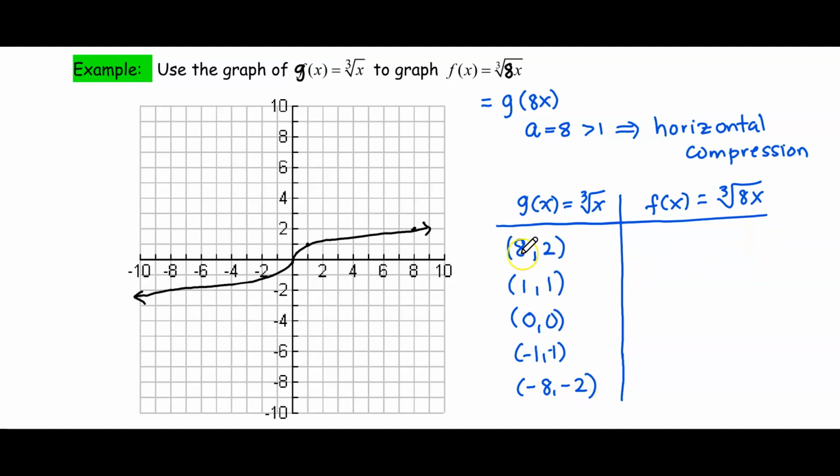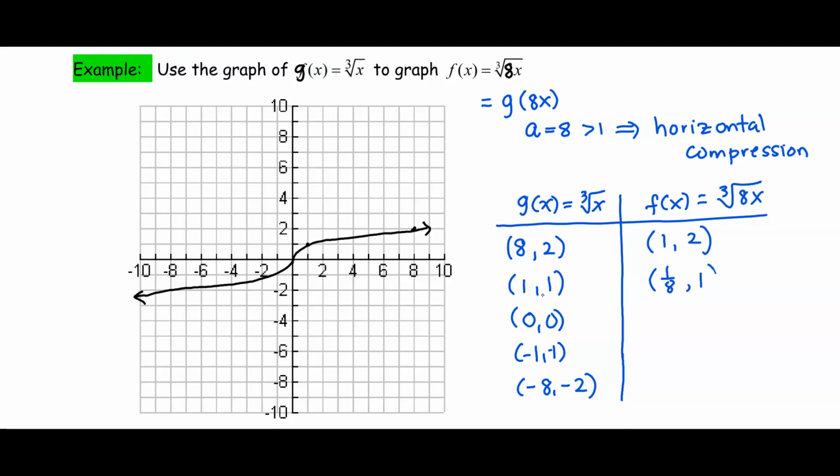We will divide each of the x coordinates here by the factor, or by 8. And then all the y coordinates remain the same. So this point here will now go to 1, 2.